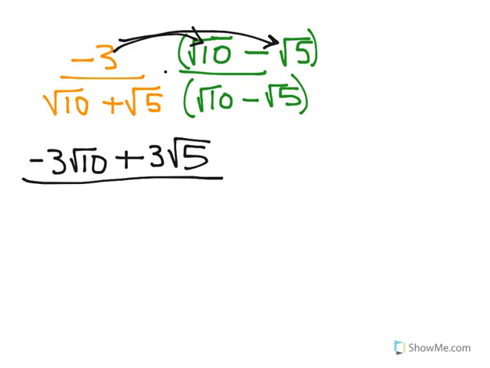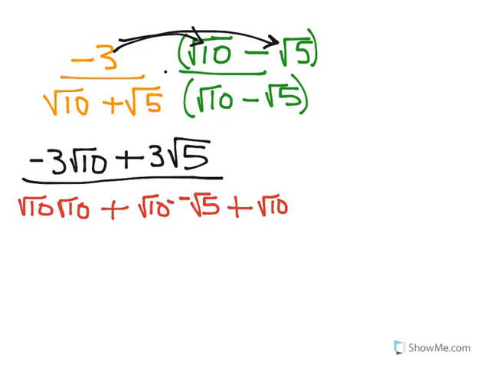And so if we do our FOIL, radical 10 times radical 10 plus our outer, radical 10 times negative radical 5 plus our inner, radical 10 times a positive radical 5, and then our last, a radical 5 times a negative radical 5.